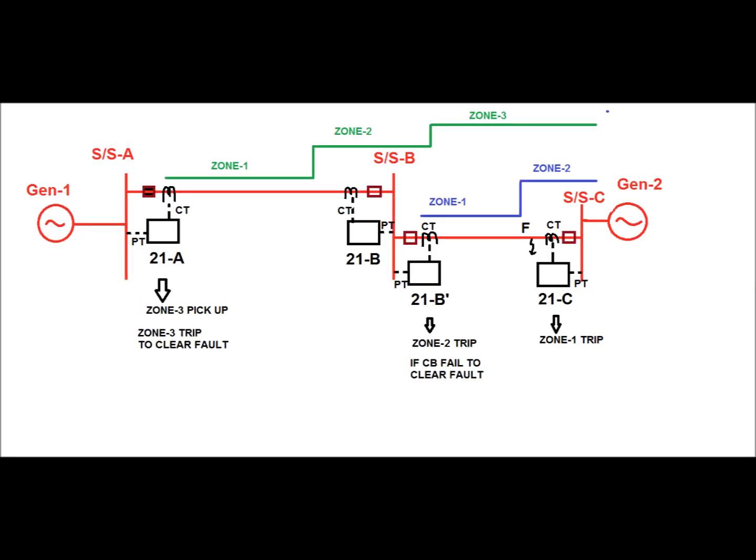The CB at substation C end trips, so the fault current from substation C end is cut off, but from substation A to substation B end the fault current is still fed, and the 21A relay trips the circuit breaker at zone 3 time, that is about 800 millisecond to 1 second, at substation A end to clear the fault.